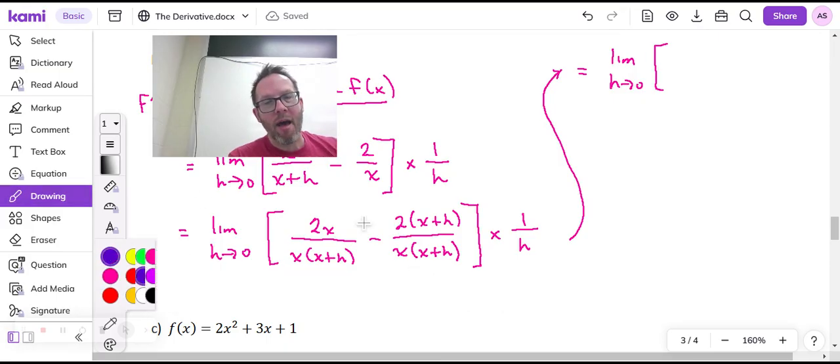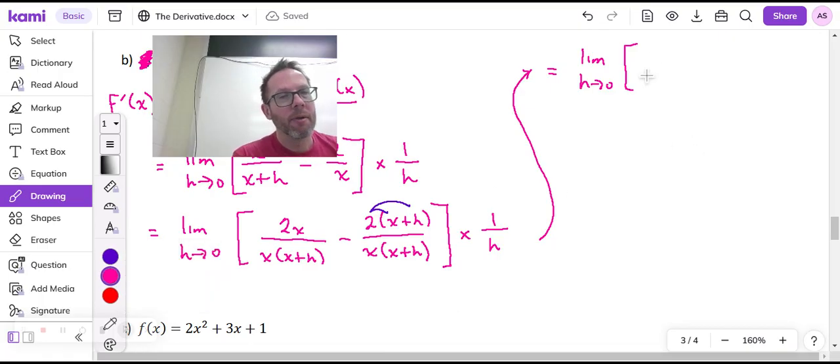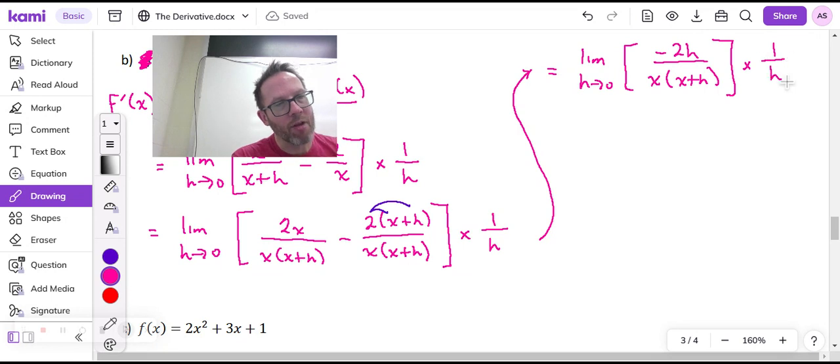We're also going to have minus 2h. Why minus 2h? Because we're subtracting that second expression. So all that's left on the top is minus 2h. We have our common denominator, x times x plus h. And then off to the side, we're dividing by h, or multiplying by 1 over h.